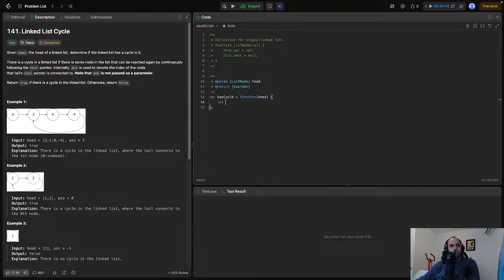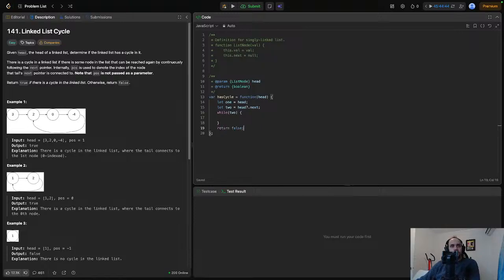So I'll do let one equal head, let two equal head.next, and I guess while two, we'll keep going.